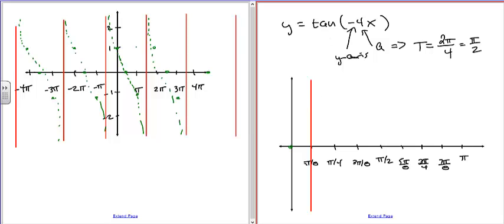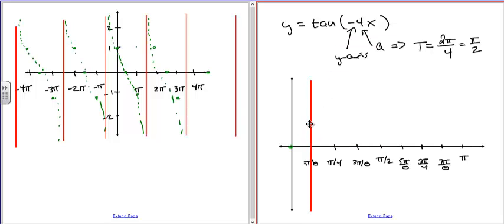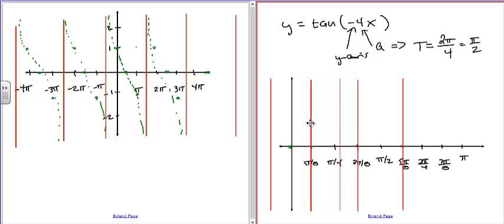So we go a quarter period there, a quarter period the other direction, and then we go a half period and another half period. You can see how these are all consistently spaced apart.